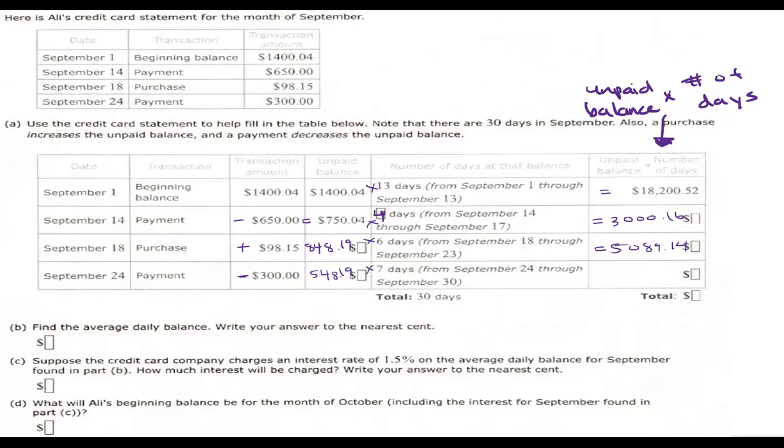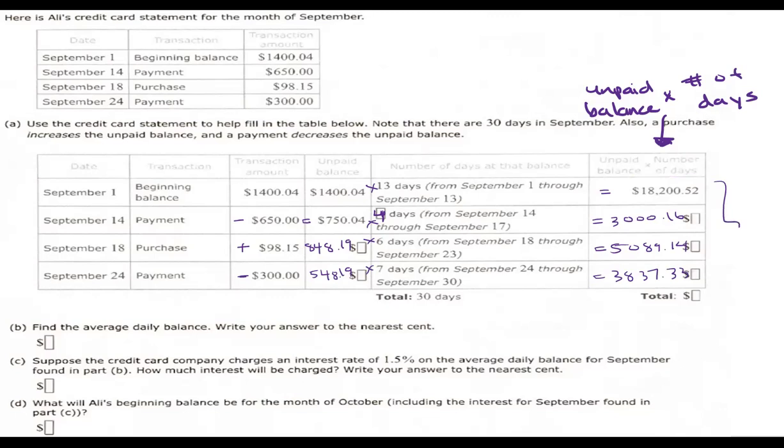So we multiply that and we get $3,837.33. All right, and then we add all of this, but don't forget to add this one that was calculated for us already. Students forget to add that one.